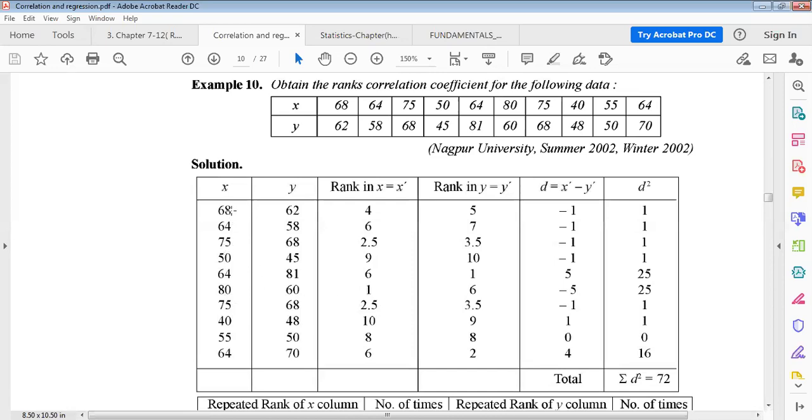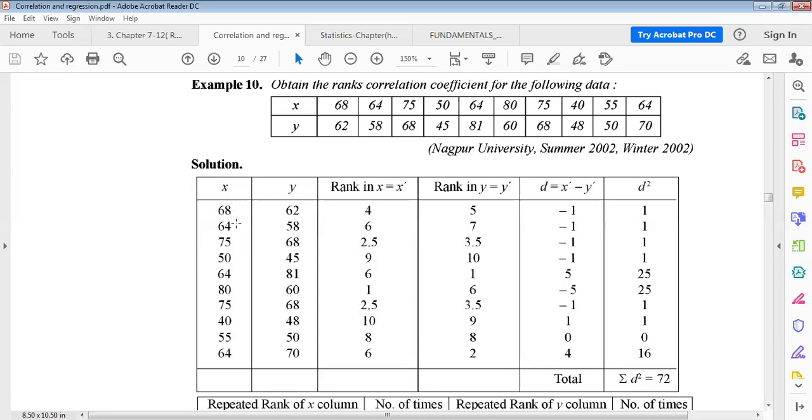After 75, which is the largest number? 68. How many 68s are there? Only a single 68. Ranks 2 and 3 are used for 75, so the rank of 68 will be 4. The next rank is 5.